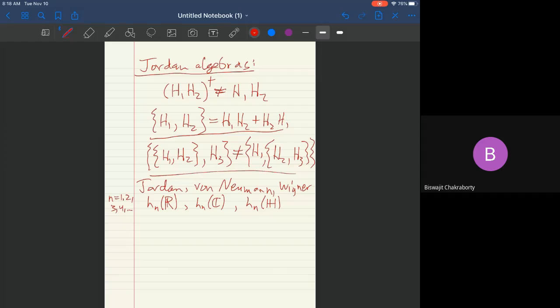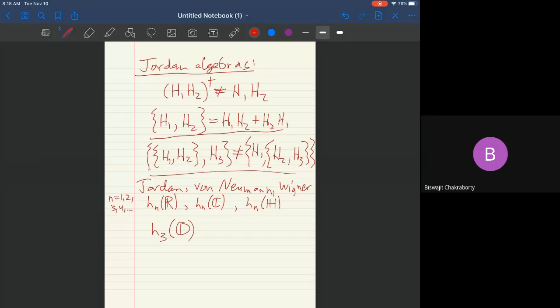And then, as I said, there are exceptional cases left over that don't fit this classification. In this case, there's only one, the so-called exceptional Jordan algebra. That's the algebra of 3 by 3 Hermitian matrices with entries that are octonions.